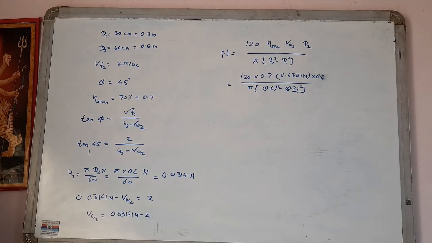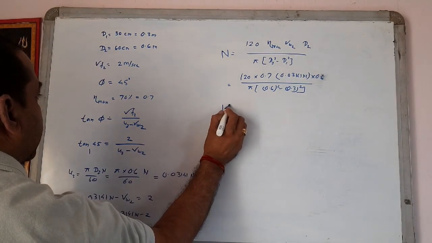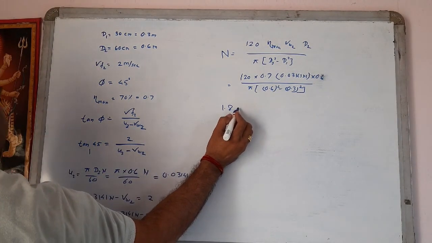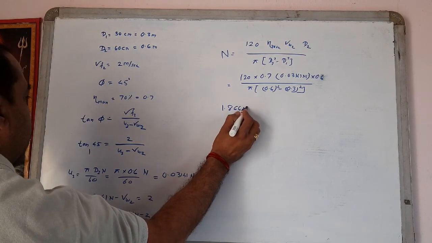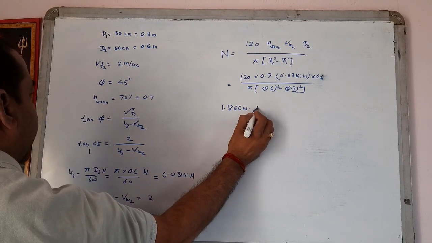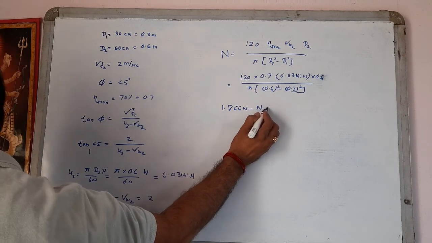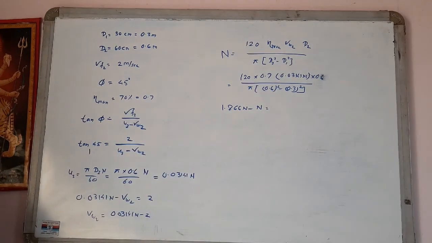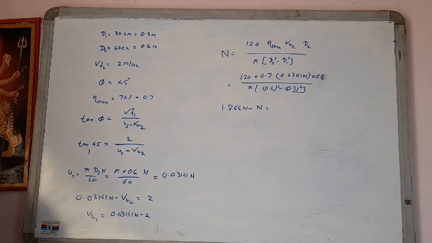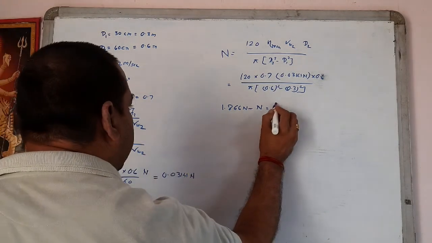So here the equation becomes 1.866 n minus n equal to 118.834.